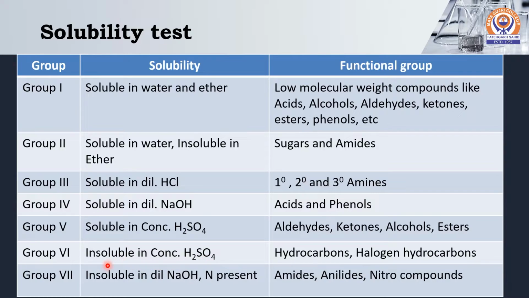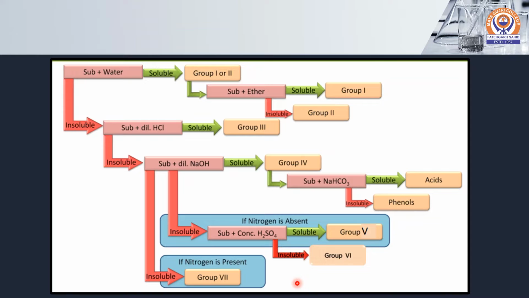If the compound is insoluble in dilute NaOH and nitrogen is present, then that can be because of nitrogen containing compounds, that is amides, anilides, etc. So from this flow chart we can easily understand. We will try to solubilize in different solvents, that is water and then ether, then dilute HCl and then dilute NaOH. If the compound is soluble, then we have group 4.